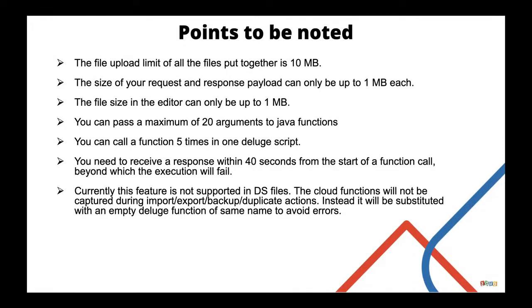When you try to install this DS, you export it as an application and you want to import it in an account, you must not get errors, right? So for that, what the framework does is that it will just have an empty Deluge function with the same name, because it will be referring to the function calls. So there should not be any messing around with importing such DS files. So that is handled.